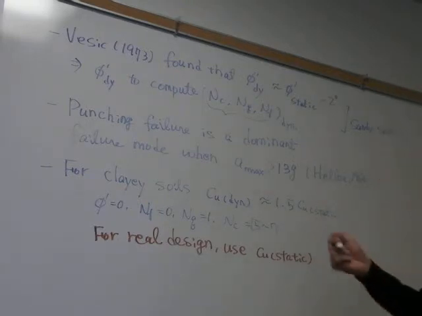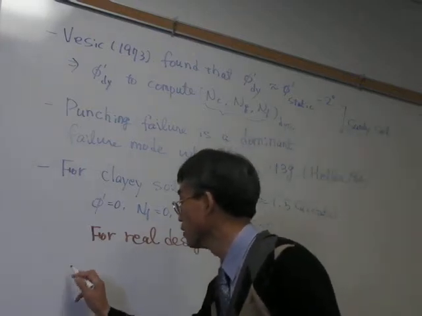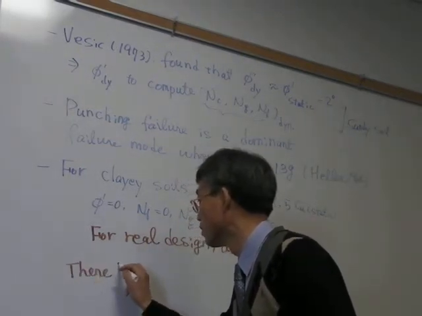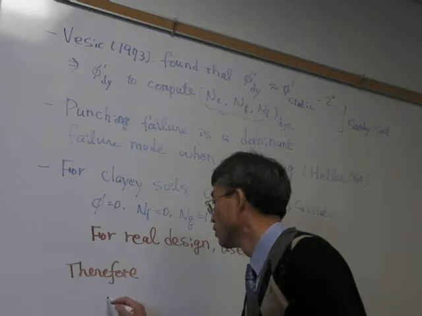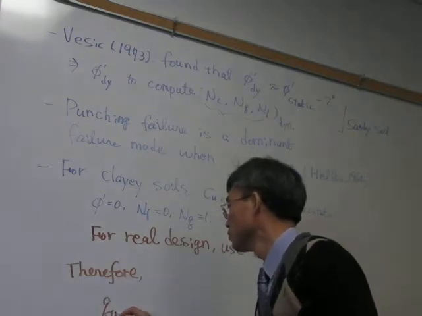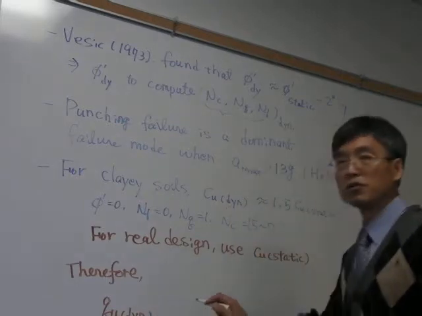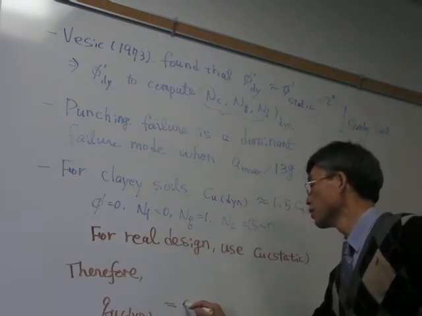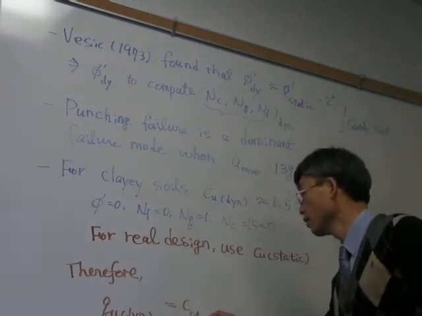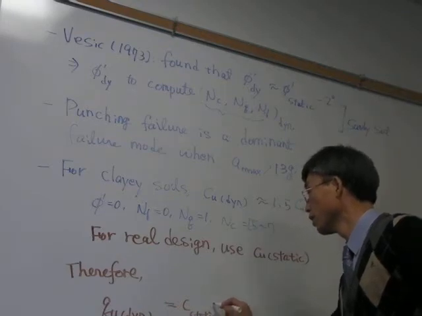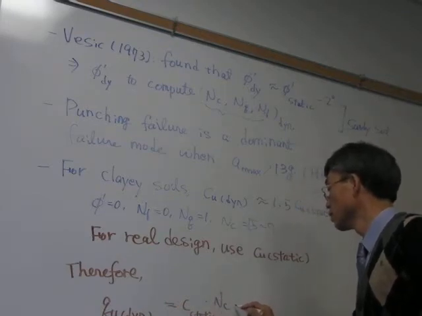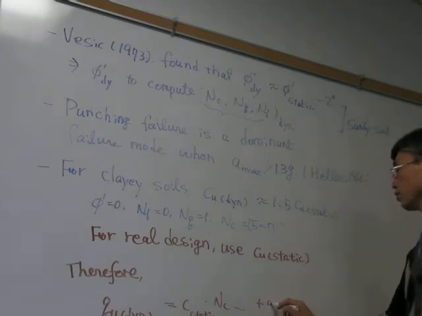Therefore, when I write the bearing capacity equation again, Q sub U dynamic should be based on C static times N sub C plus Q prime N sub Q plus 1/2 gamma B N gamma.